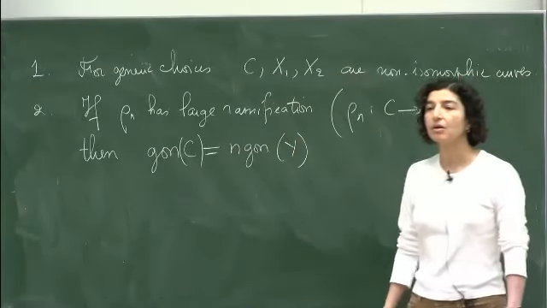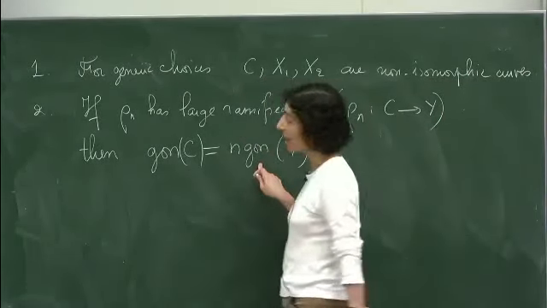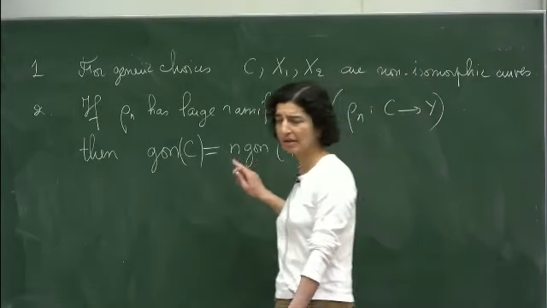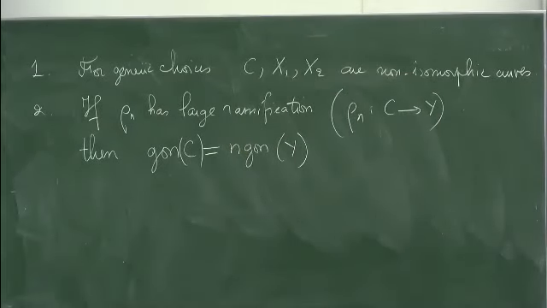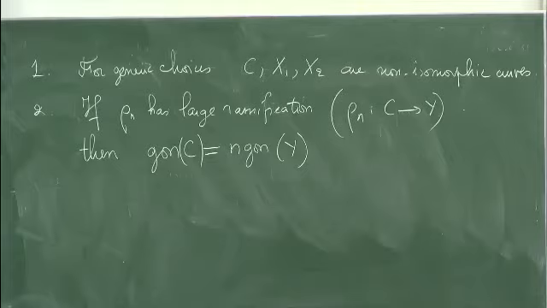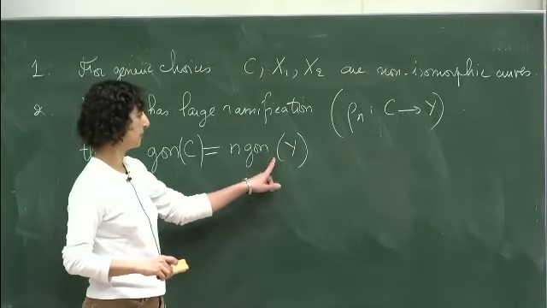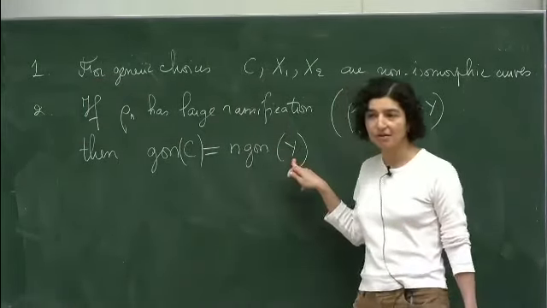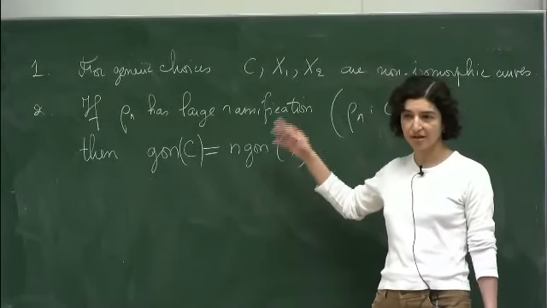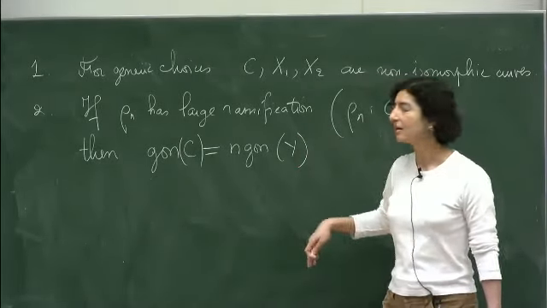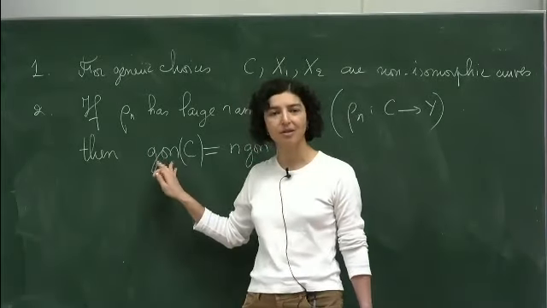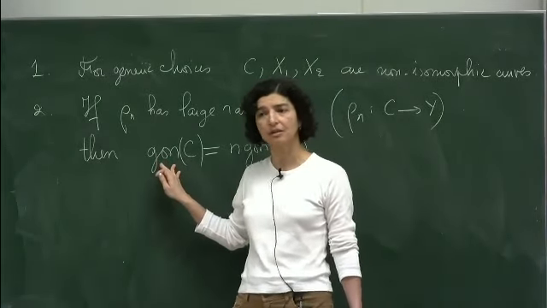And second of all, the gonality is related to the Clifford index. So the gonality is always either the Clifford index plus 2 or the Clifford index plus 3. So that gives you a bound on the Clifford index. You can take Y to be an arbitrary positive genus curve, so you can make the Clifford index of Y be very large. Then the gonality of Y will be very large, which means this gonality will be large, and then this Clifford index will be large.